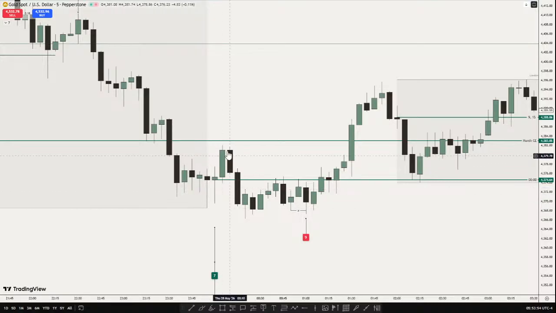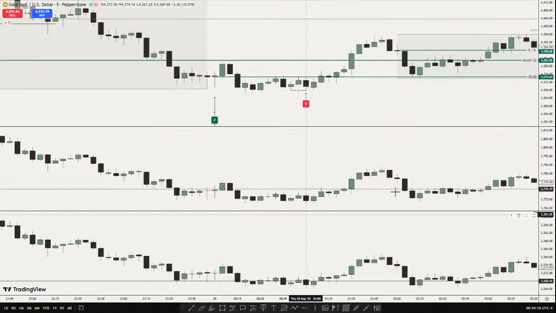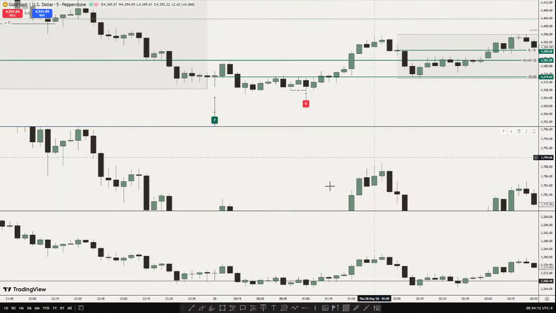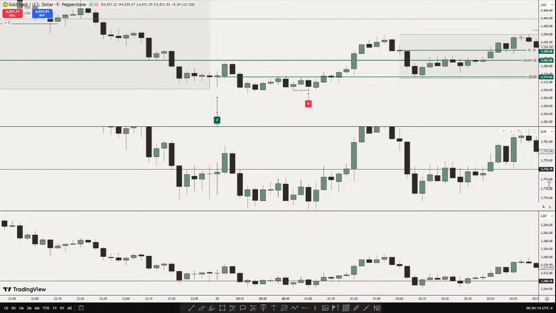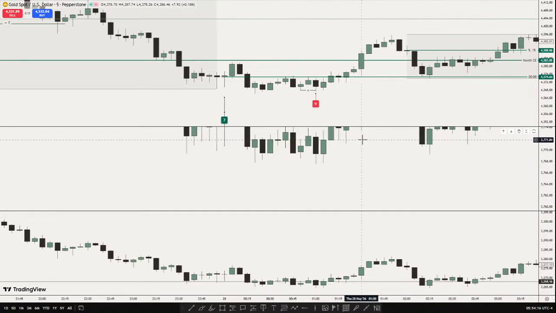5 minute was moving bearish, then 5 minute moved up, failed to break below, moved up again, failed to break below, swept the lows here, created an SMT with this low here, I believe this was an SMT, which was the main confluence, and the time was also aligned here.